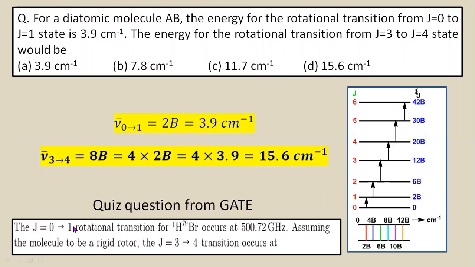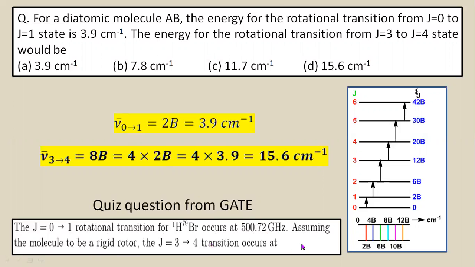I have also put in the slide one quiz question which came in the GATE exam. They are saying that the j equal to 0 to 1 rotational transition for this molecule occurs at 500.72 gigahertz. Assuming the molecule to be a rigid rotor, determine the energy for this transition. Please guys solve this problem, and you can put your answer in the comment section.